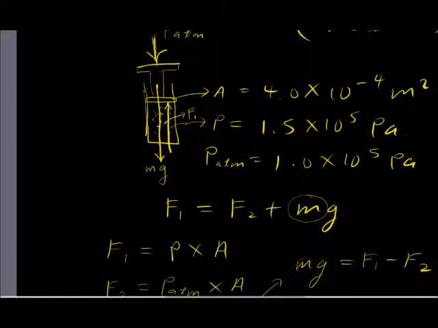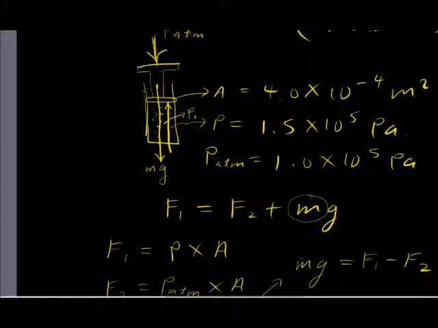The idea is that there are air molecules in the chamber, trapped between the piston and the cylinder, and the air molecules have a certain level of kinetic energy. When there's an impact between the air molecules and the piston, there is a transfer of momentum from the air molecules onto the piston.